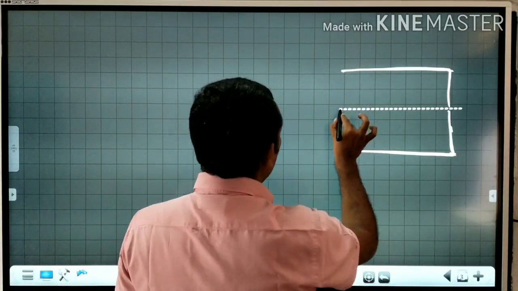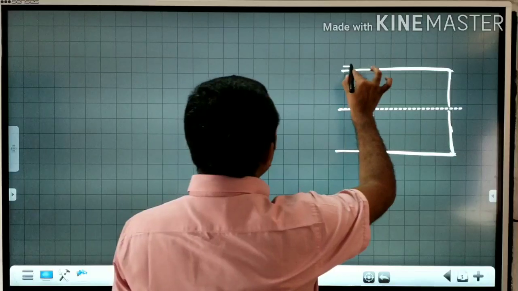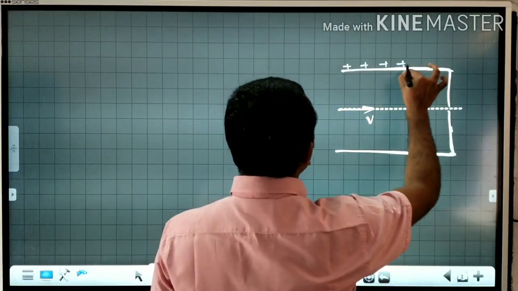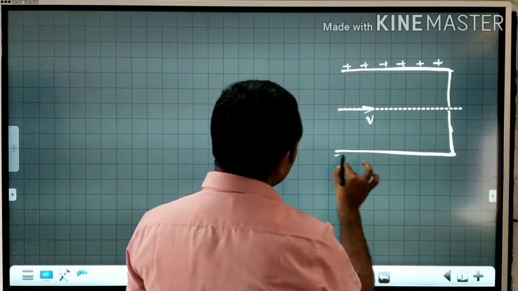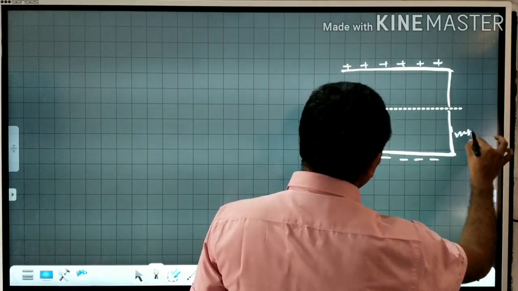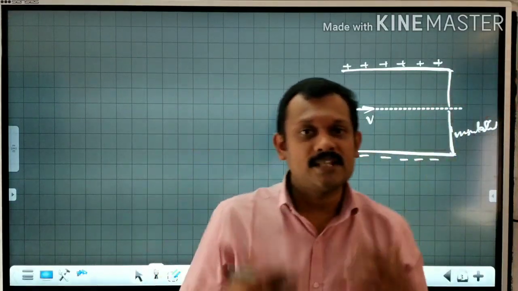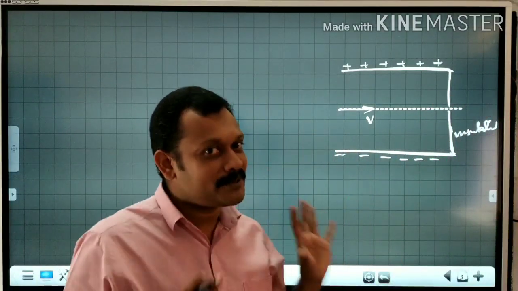Before that, the velocity of the charged particle, let me say likewise. And let me consider that this is positively charged. This plate is positively charged. This plate is negatively charged. These regions are insulated. If they are not insulated, it will cause arcing. This is just a symbolic representation.